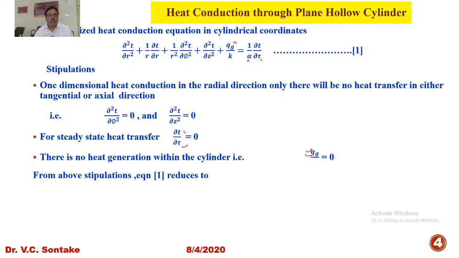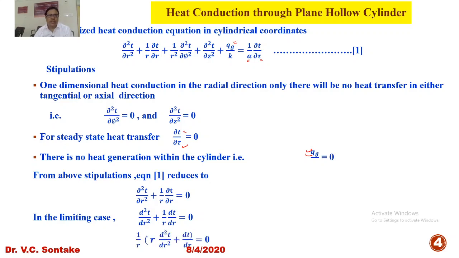When we apply the above stipulations to equation 1, it changes to del square T over del R square plus 1 by R del T over del R is equal to 0. In the limiting case, d square T over dR square plus 1 by R dT over dR is equal to 0. If I take 1 by R common, it takes the shape 1 by R into d square T over dR square plus del T over del R is equal to 0.